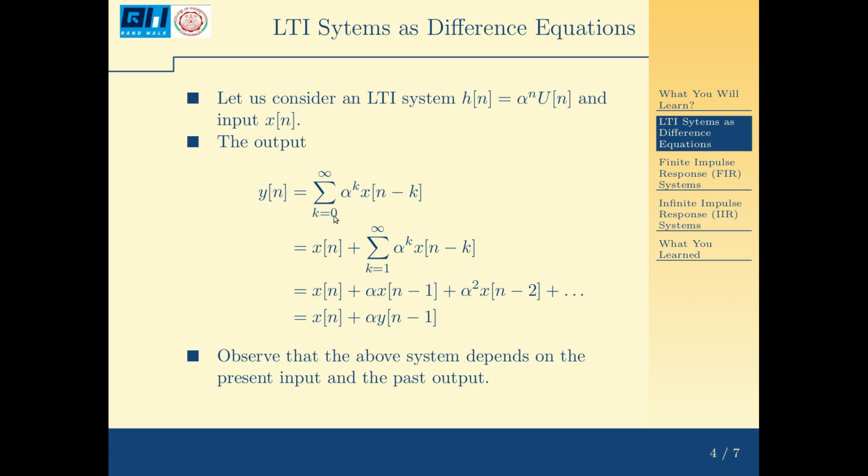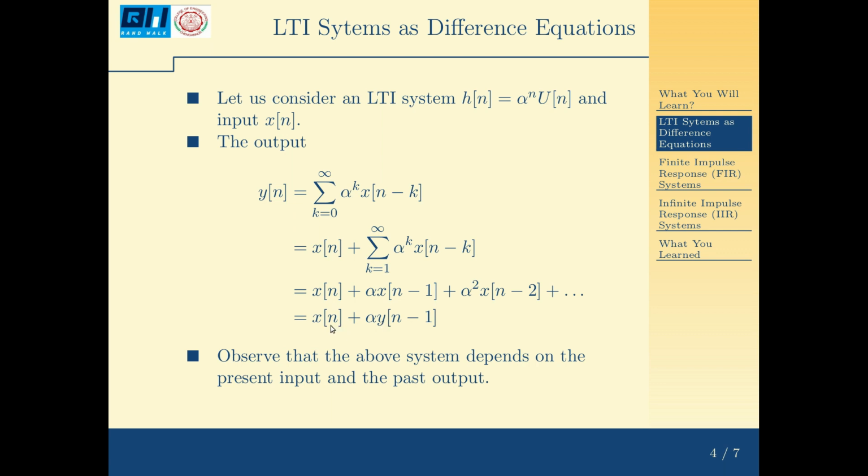If I take the first term, that is with k equal to 0, that is alpha raised to 0, which is 1, times x[n], plus the sum from k equal to 1 to infinity of alpha raised to k times x[n minus k]. Now you can see that this is nothing but x[n] plus alpha x[n minus 1] plus alpha squared x[n minus 2], etc. So this is nothing but x[n] plus alpha times y[n minus 1], that is, if I put n equal to n minus 1 in this equation, that results in this.